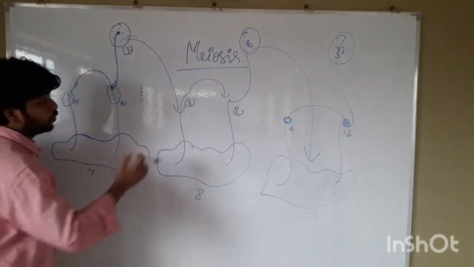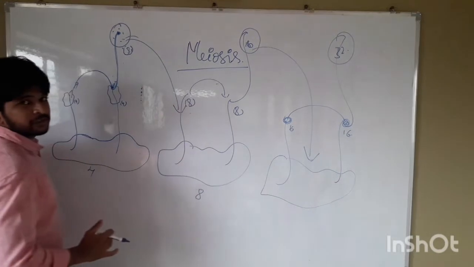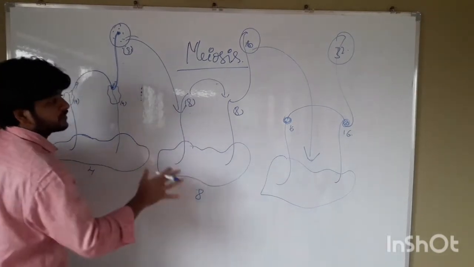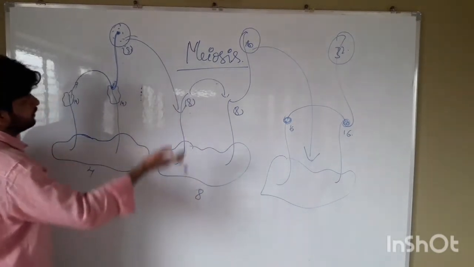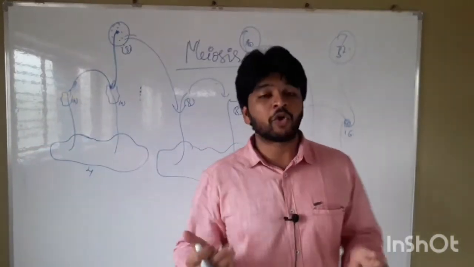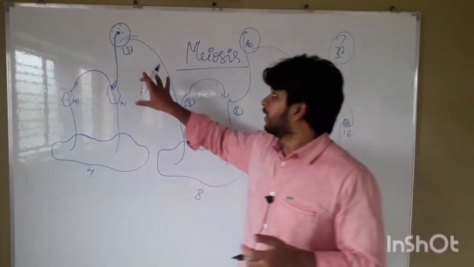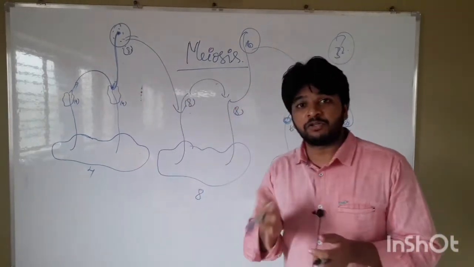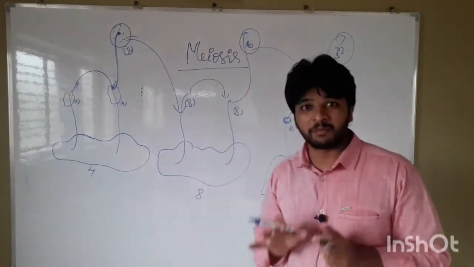To stop this anomaly, living organisms have developed a special type of cell division called meiosis.